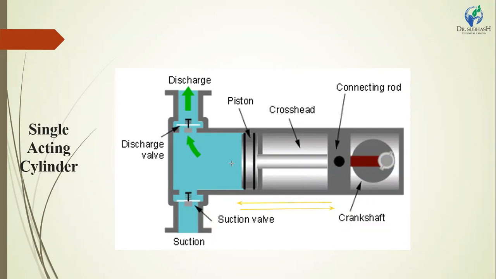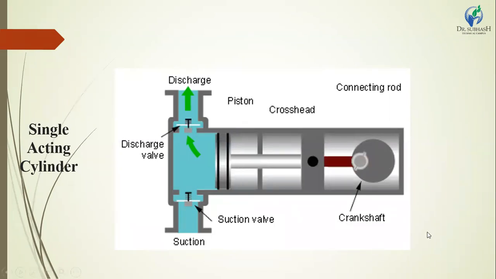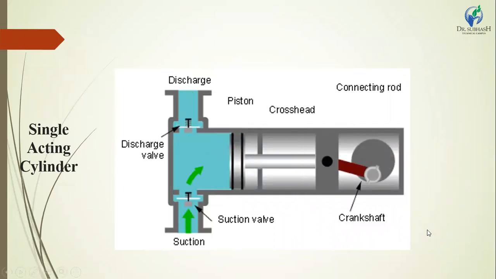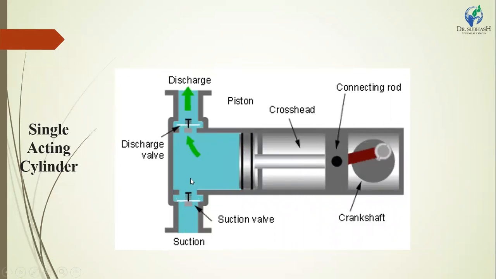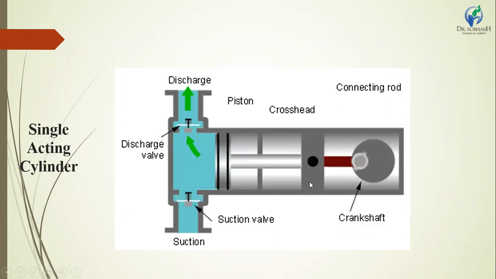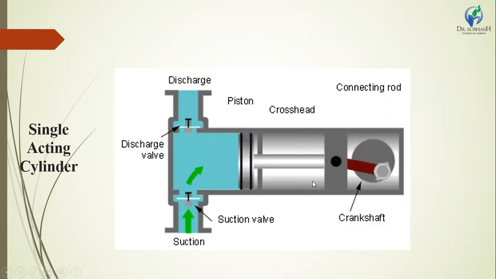Then the stroke is reversed and the fluid is pressurized and goes out from these points. This is the normal working of the single acting cylinder. The first condition is suction and the second condition is discharge from the cylinder.